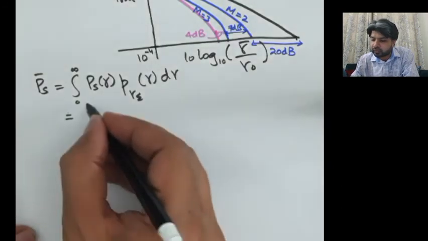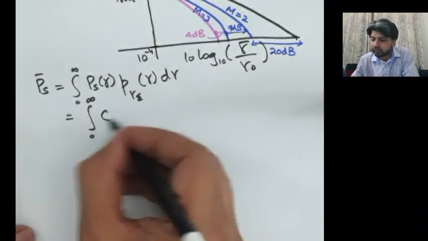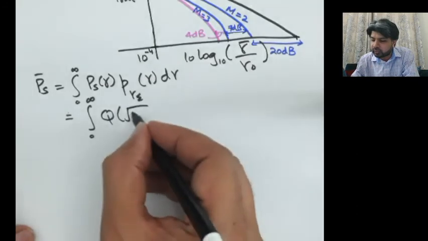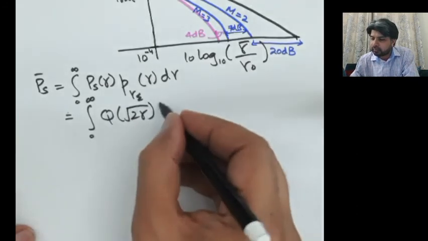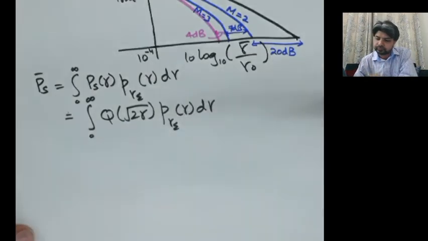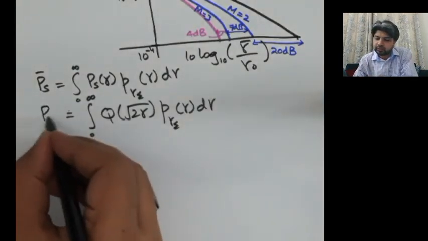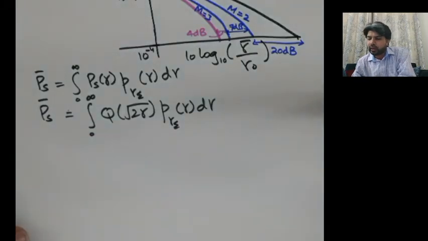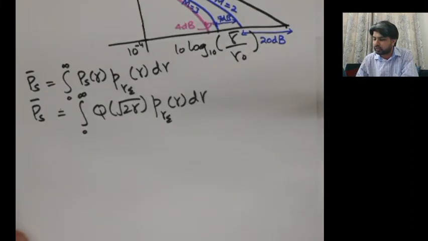For BPSK it would be the integral from 0 to infinity of Q of root 2 gamma sigma times p gamma sigma of gamma d gamma. This is your average symbol error probability, and you can see that the distribution of gamma sigma is no longer exponential now.